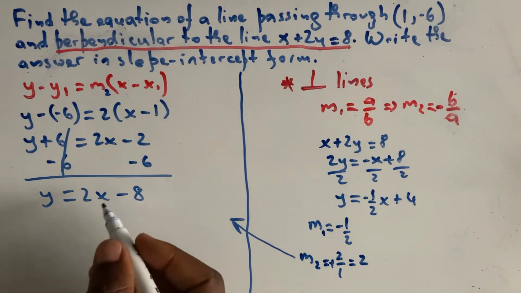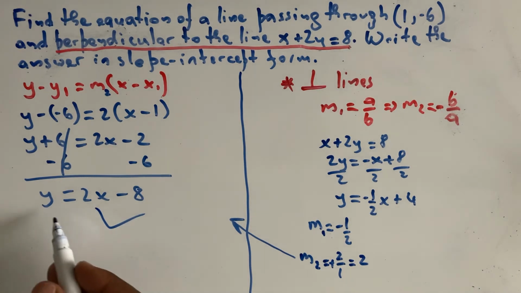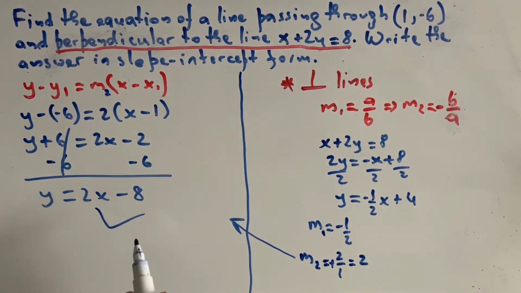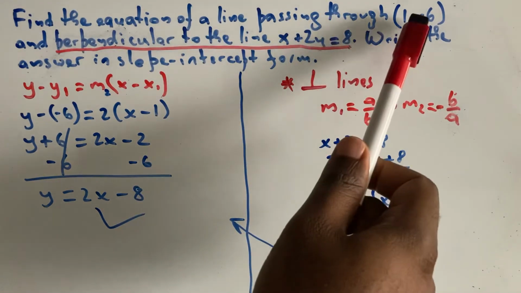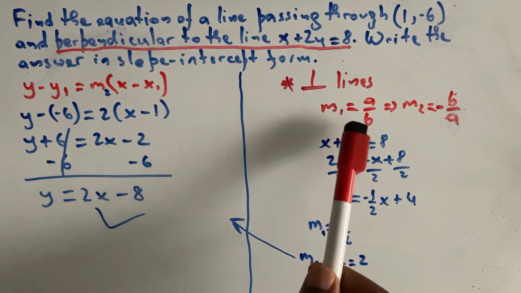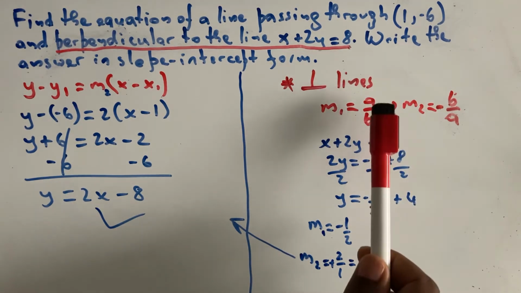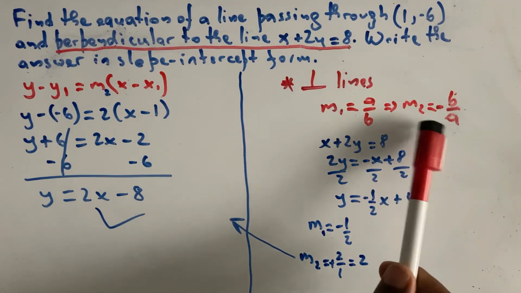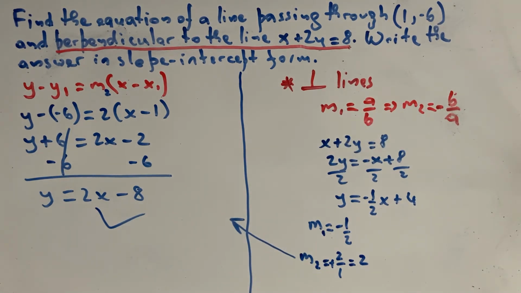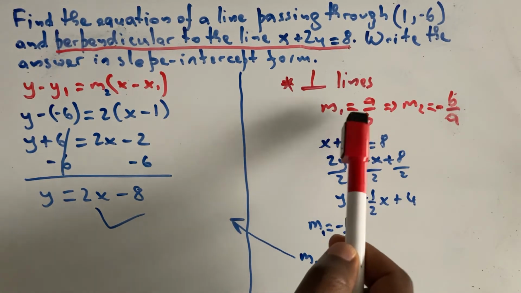Now, do I have it in slope-intercept form? Yes, it's already in slope-intercept form because it's like y equals mx plus b. That's what I have here, so it makes sense. Then you're done. So key things to remember here. Anytime you need to find the equation of a line passing through a point and perpendicular to another line, you've got to remember that perpendicular lines have a relationship between their slopes.